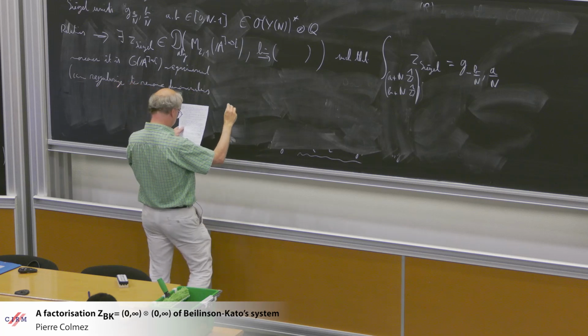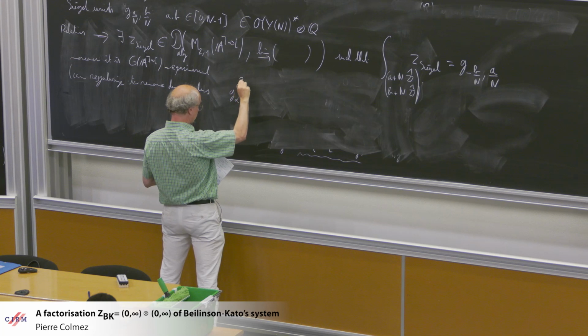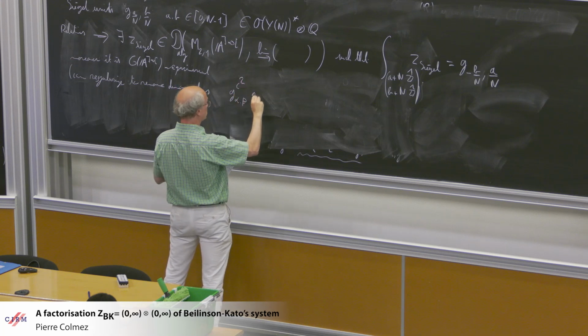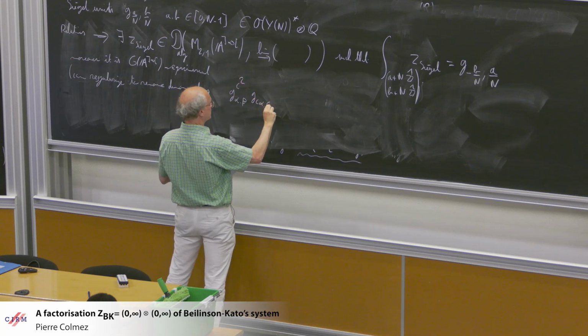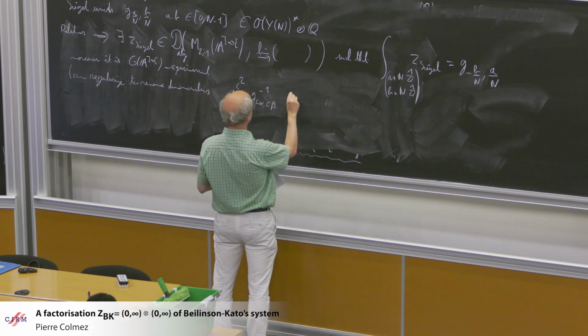Because what you see is that if you have g_{alpha,beta} to the c^2 over g_{c alpha, c beta}, well, this is actually already a unit.